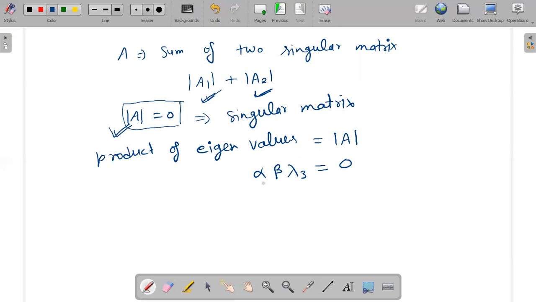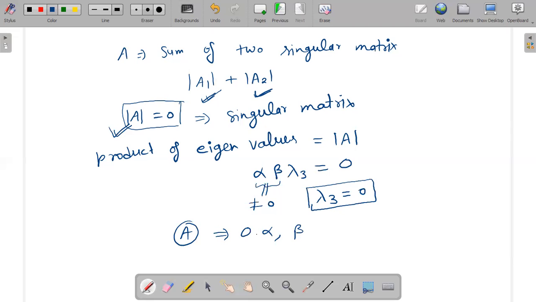It is given in the question that alpha and beta are both non-zero. Therefore we can say that the third eigenvalue, lambda 3, equals 0. Since alpha and beta are non-zero, lambda 3 must be 0. So from here, we can say that all the eigenvalues for the matrix A are alpha, beta, and the third one is 0. So these are the three eigenvalues for the given matrix A.